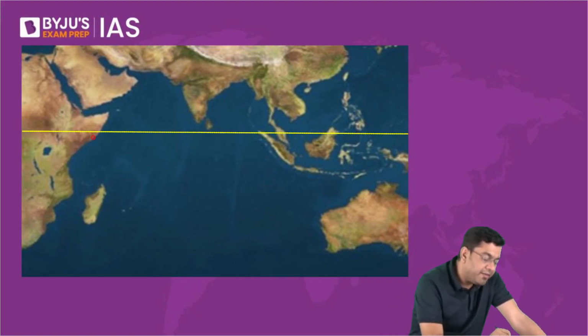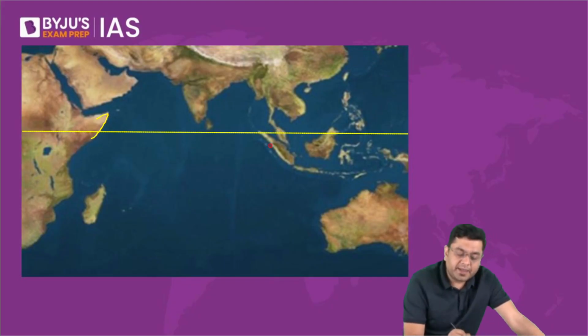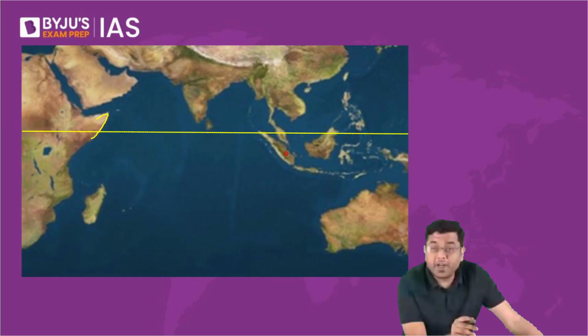And the eastern part, the eastern Indian Ocean, is this particular portion. So the eastern Indian Ocean is actually bounded by many different islands, right?